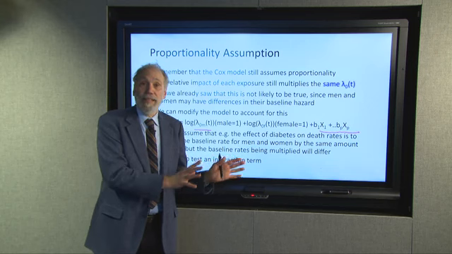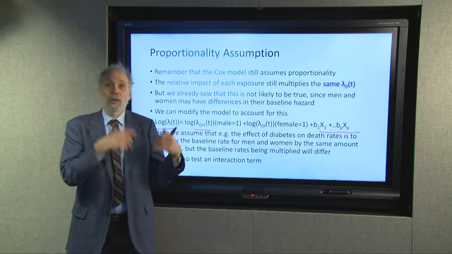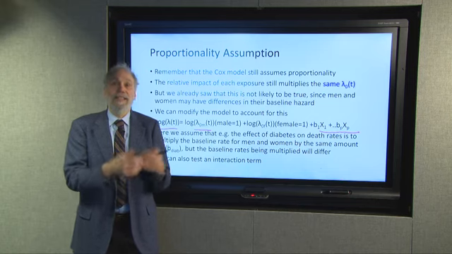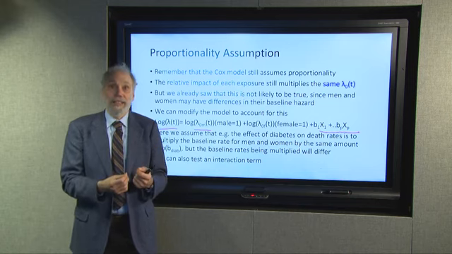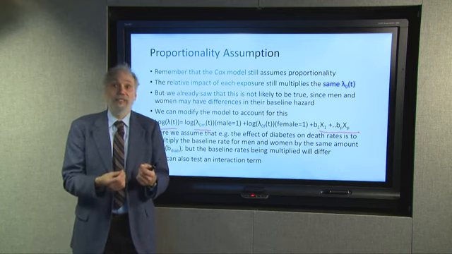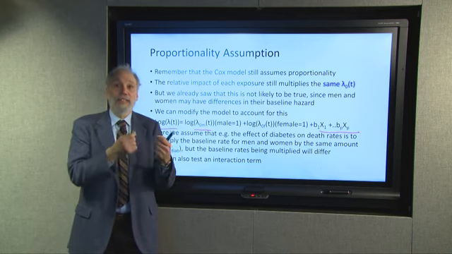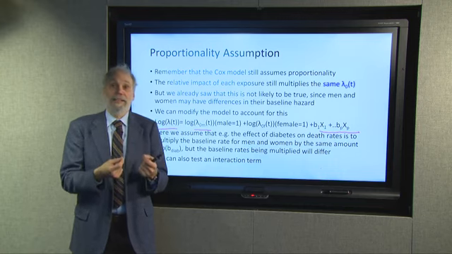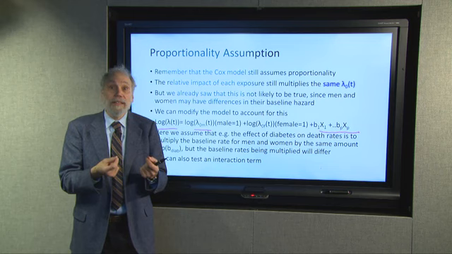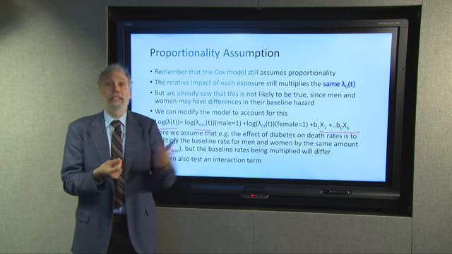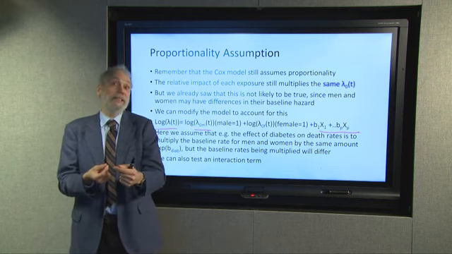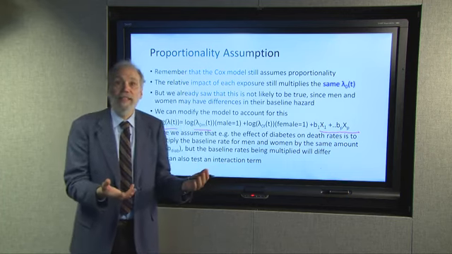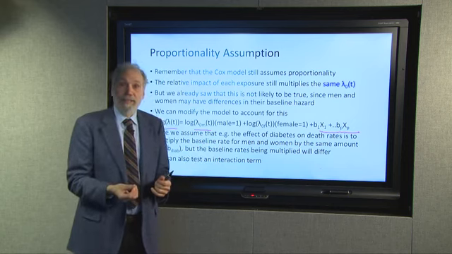So, to summarize, we've defined what a hazard is. It's the instantaneous rate of dying. We've defined what a survivor function is. We've looked at two different ways of defining a baseline hazard, parametrically, with a dummy variable for each year, or a linear time trend for year, or non-parametrically in Cox's model.